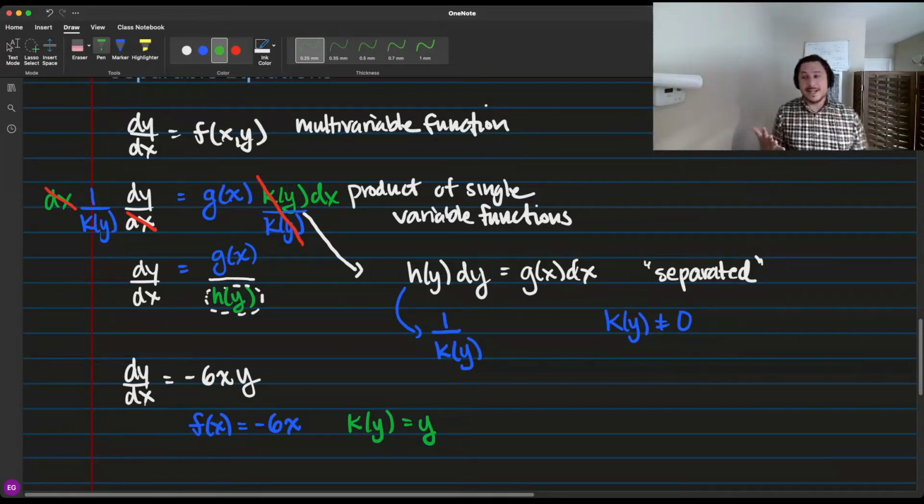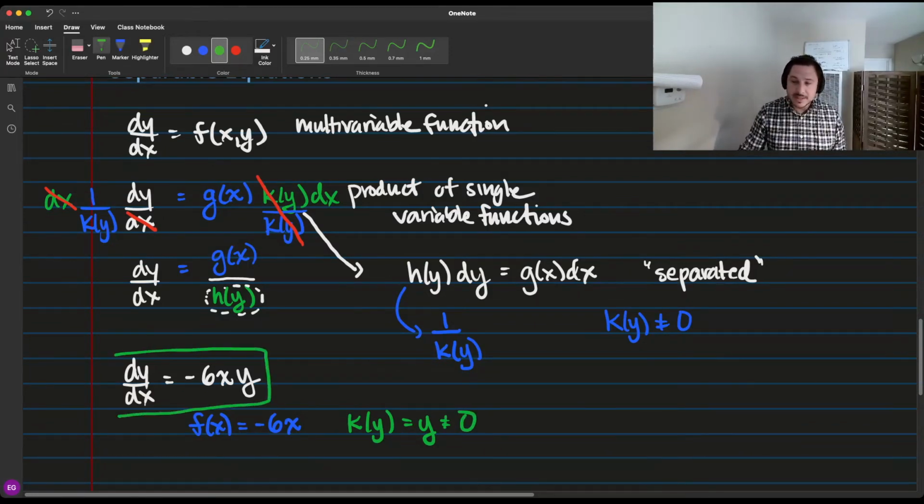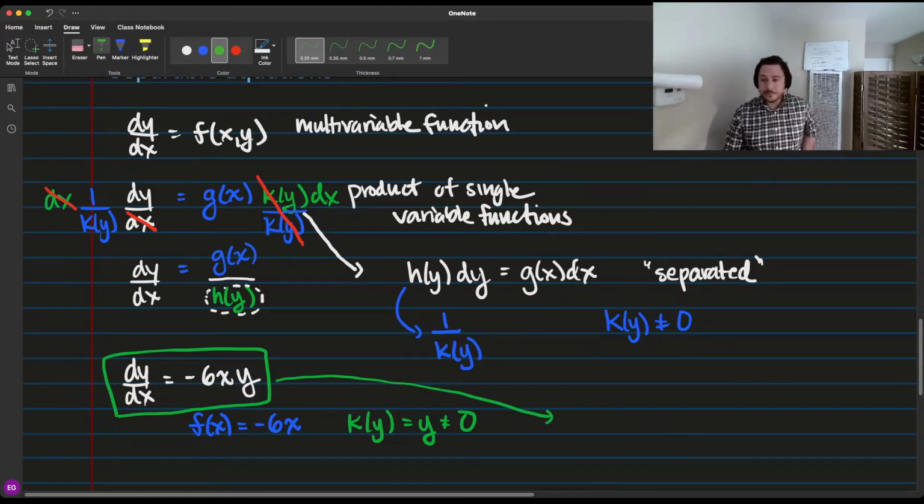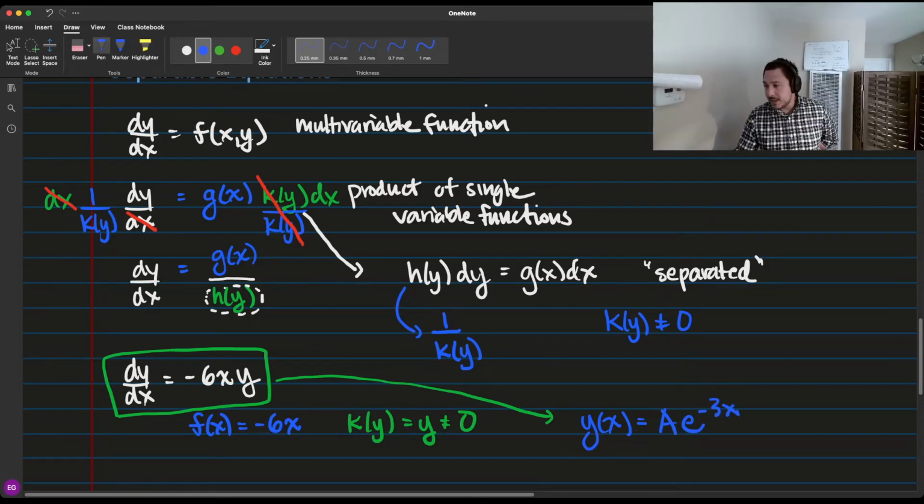Why does this make sense? Why can't you ever have a solution where y equals 0 for this equation? What was the solution for it? Do we remember? Yeah, e to the x can never be equal to 0. Our general solution was y of x equals a e to the minus 3x squared.